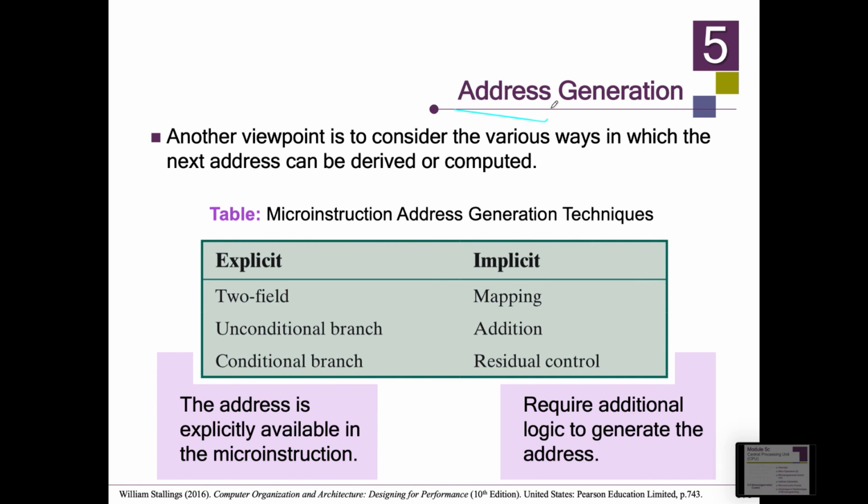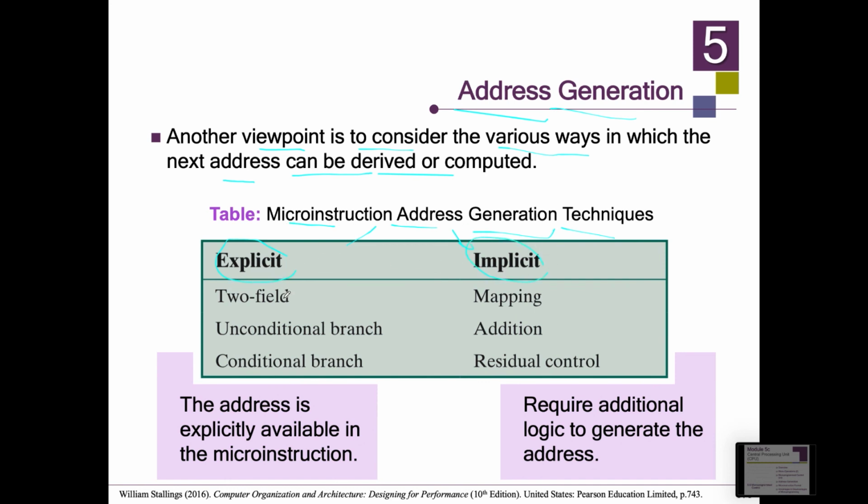Under address generation, another viewpoint is to consider the various ways in which the next address can be derived or computed. Micro instruction address generation techniques can be divided into two: explicit and implicit.